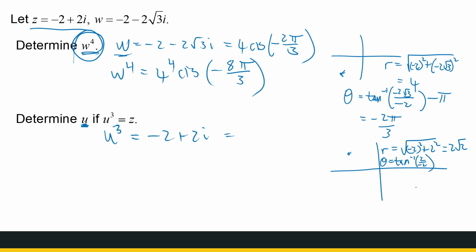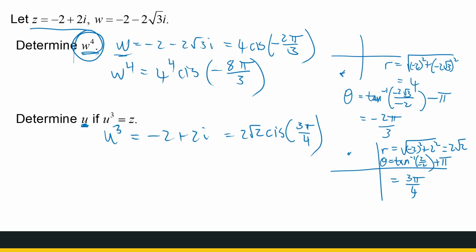But that will end us up in the fourth quadrant, so I need to add pi to that. And then we'll get this value of 3 pi over 4. So u to the power 3, which is just z that was given, is equal to 2 root 2 cis 3 pi over 4.